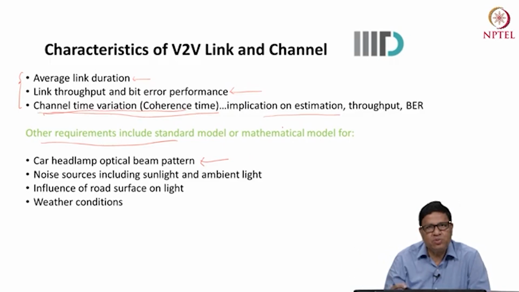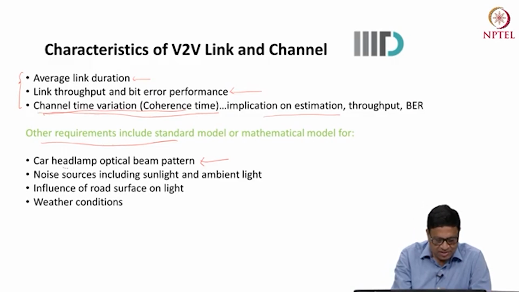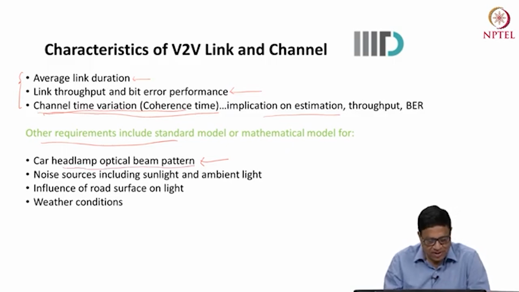So you have two types of headlamps which illuminate the road. We need to understand and model this optical beam pattern, which can be taken from standard cars. There are some standards for this optical beam pattern.